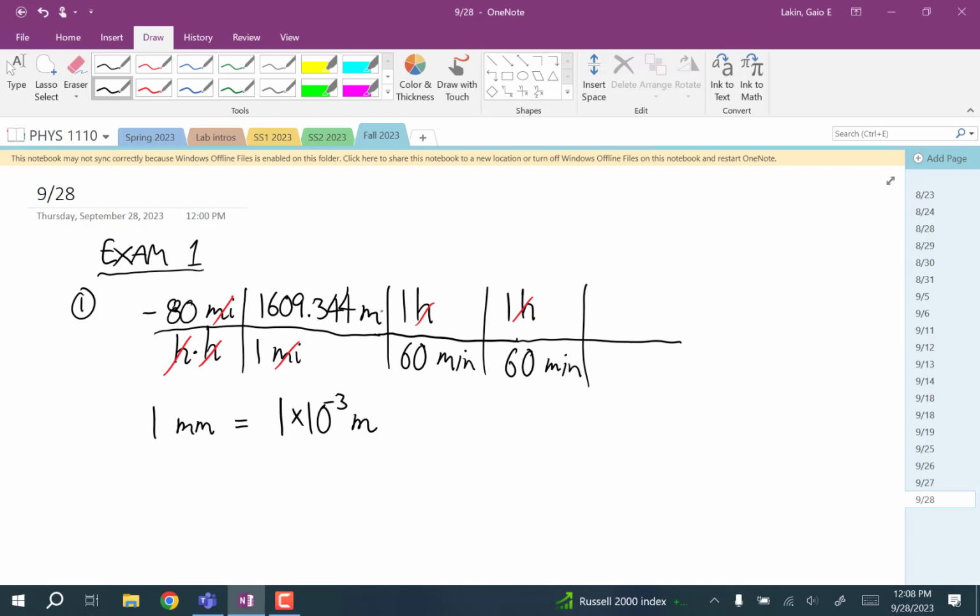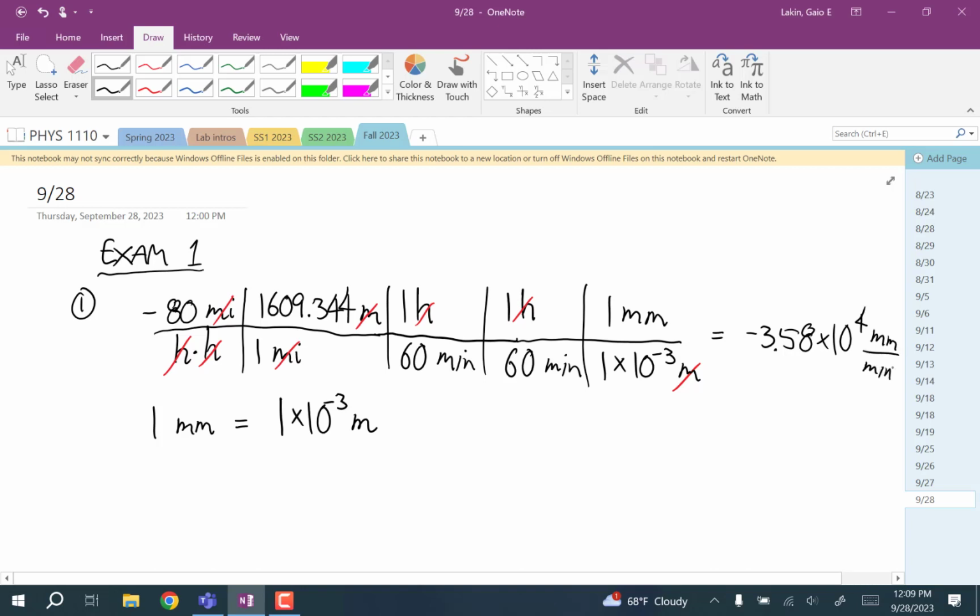Meters are in the numerator, so we want the 1 times 10 to the -3 meters in the denominator, the millimeters up here. If you multiply this out, you get -3.58 times 10 to the 4th millimeters per minute squared.